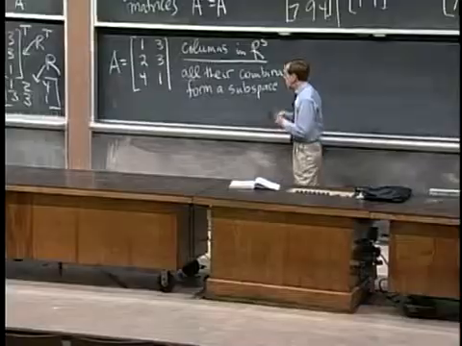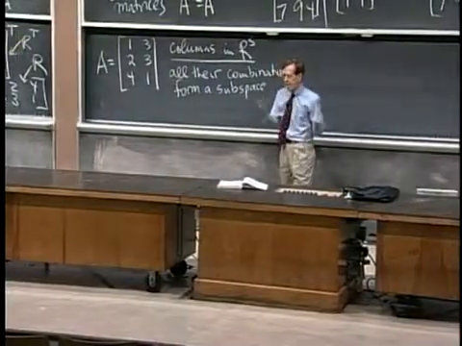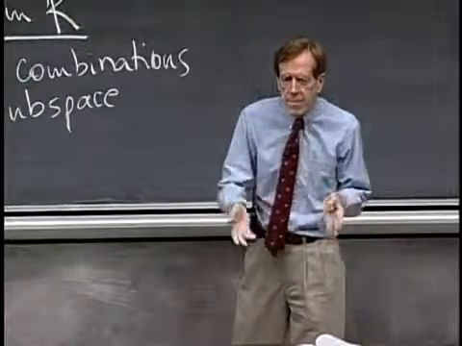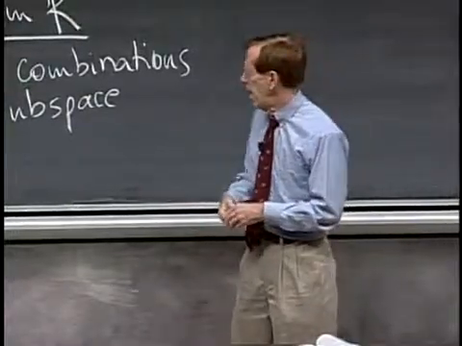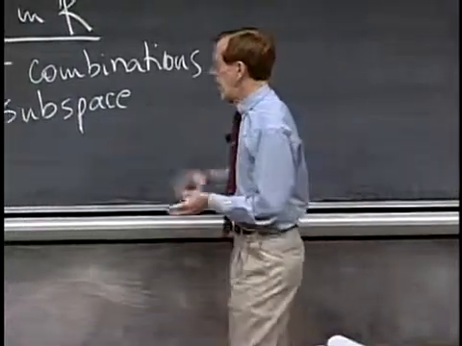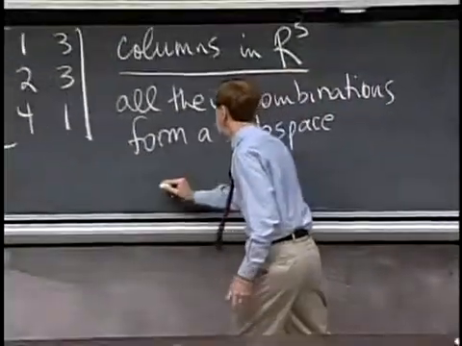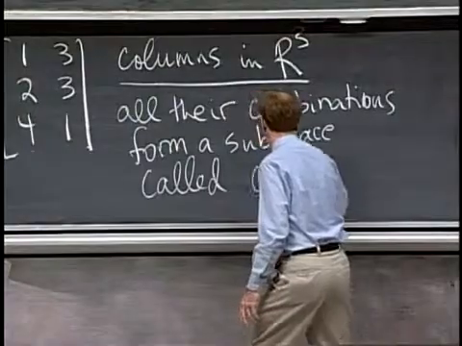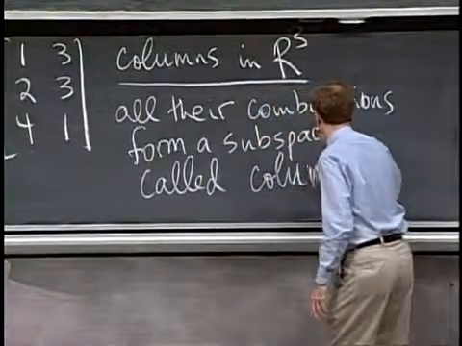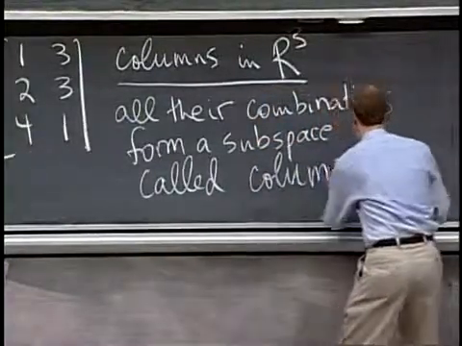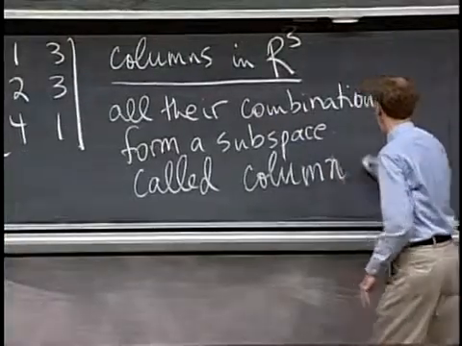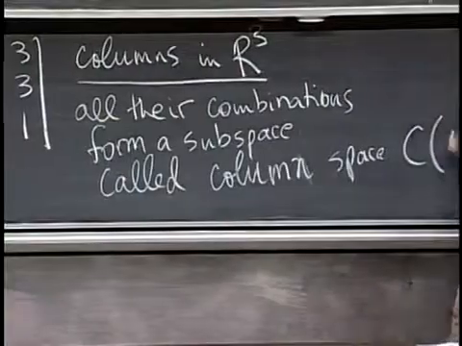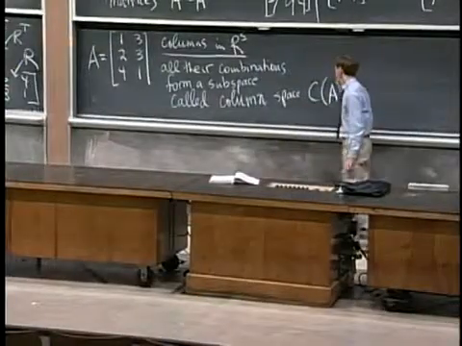And if I include all the results, then I'm guaranteed to have a subspace. I've done the job. And we'll give it a name, the column space. Maybe I'll call it C of A. C for column space.